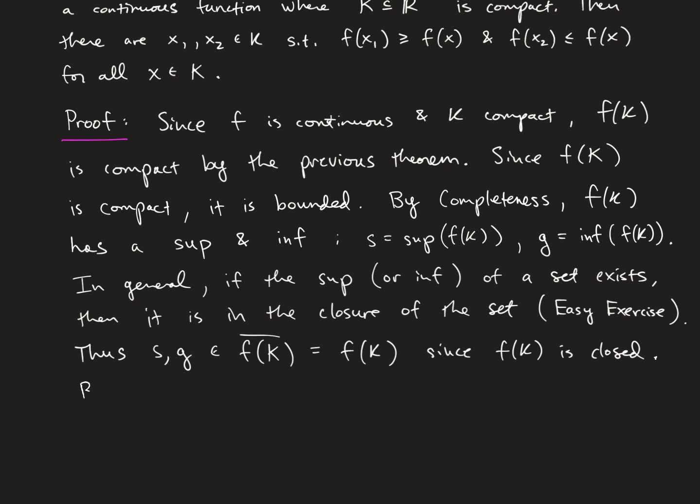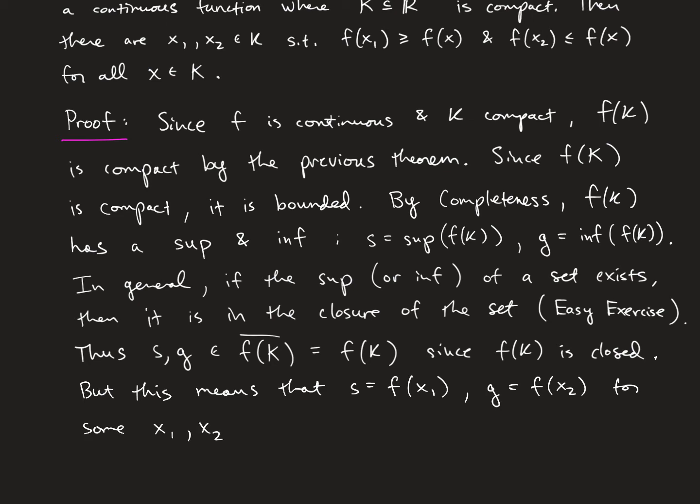But this means that S equals f of x1 and G equals f of x2 for some x1 and x2 in K, and that completes the proof.